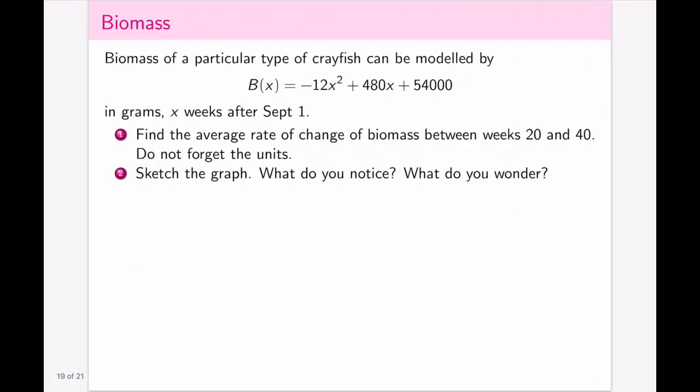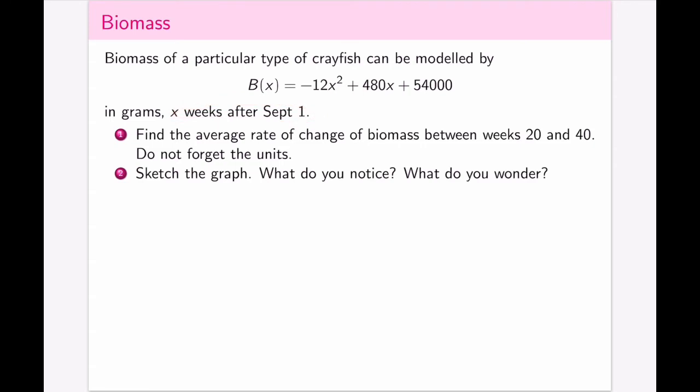Now let's take a look at another example that involves an actual function. So in the hummingbird example, we were provided graphical information and asked to interpret some variant of the average and the instantaneous rate. Here, we're starting with the actual formula. And this formula describes the biomass of a particular type of crayfish, where the biomass is given in grams and x, the variable in the biomass, represents the number of weeks after September 1st.